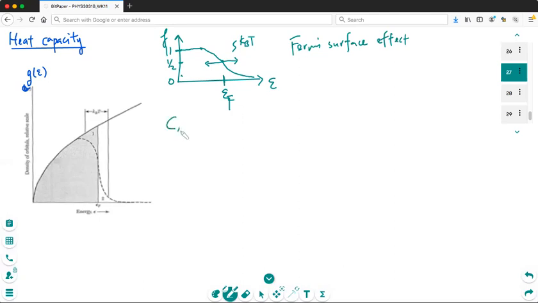The heat capacity is defined by, I would just use the total differential, the change of the internal energy in response to the change of the temperature. So I can use my zero temperature as a reference, and this is T minus 0.